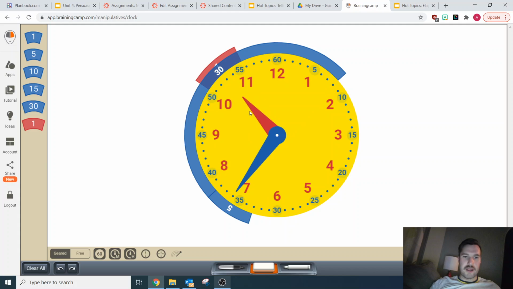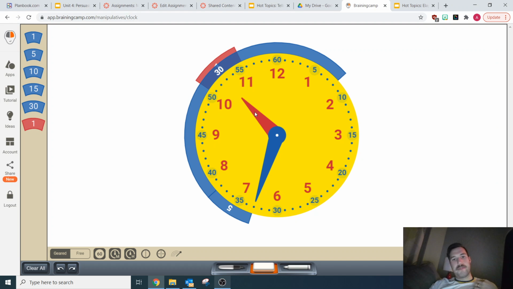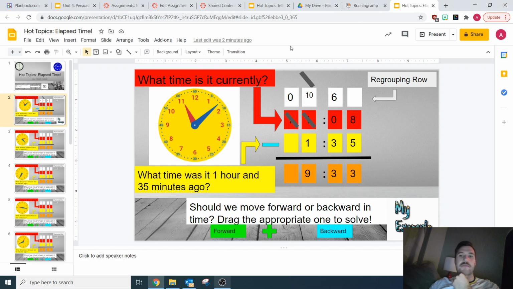Then I move my hands to match. So when they both match up, 9:33. Okay, so that's how you're going to do that. So you can explore the tool on BraininCamp if you would like.